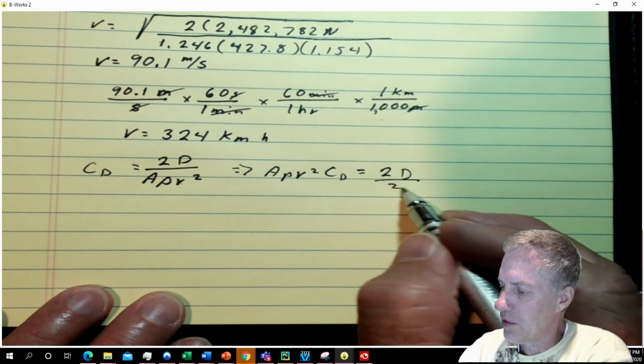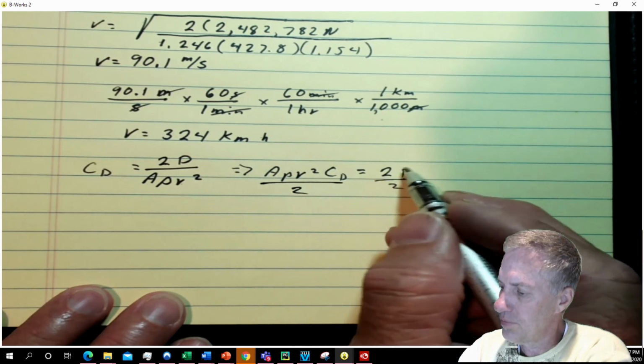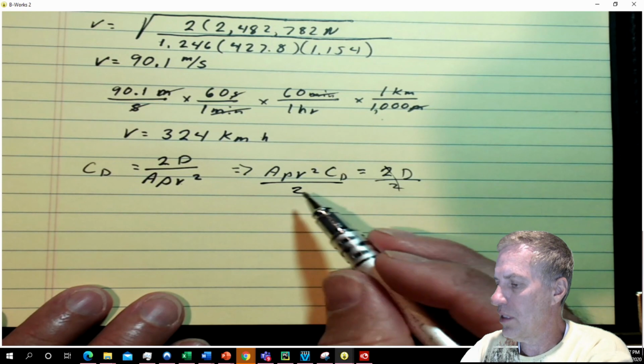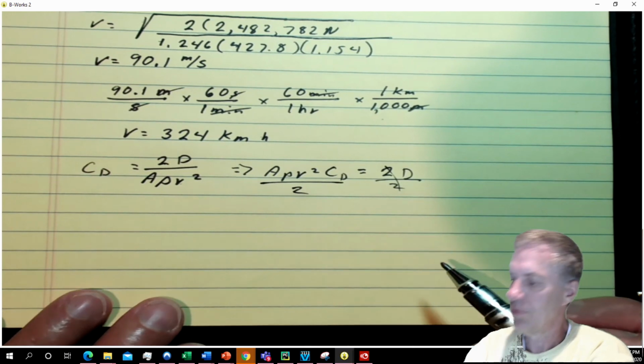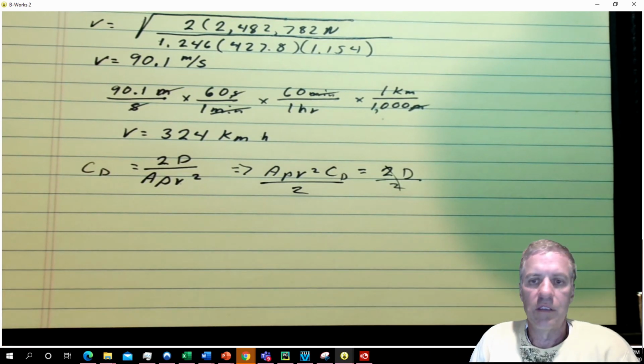Then I just divide both sides by 2. So D equals A rho v squared, coefficient of drag, divided by 2. All right? So fill in numbers and see what you come out with on that.